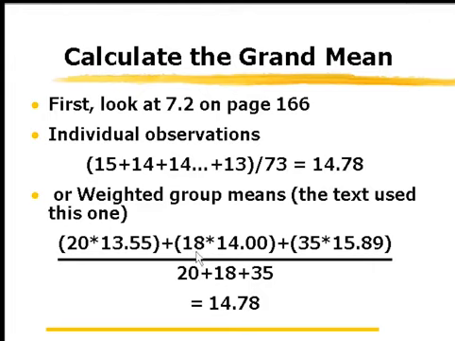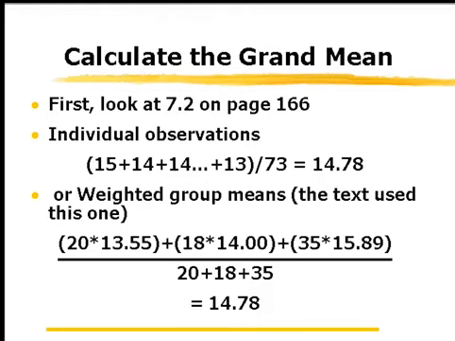In group B, they had 18 individuals, and group B's mean was 14. In group C, they had 35 individuals, and the group C mean was 15.89, divided by the number of persons in each group. So you can see that this is the 73. So you come up with an overall mean of 14.78.